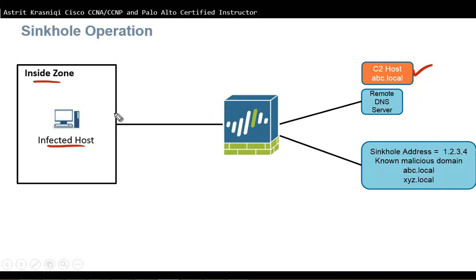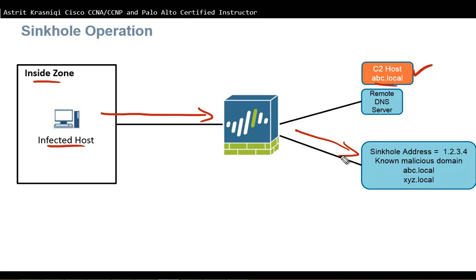It's going to do a DNS lookup for that domain name to an IP address. Our firewall will be able to resolve that, but before it does, it will check with the DNS signature database to make sure that whatever that infected host is trying to resolve is not a malicious domain. So we'll check it first with our database.